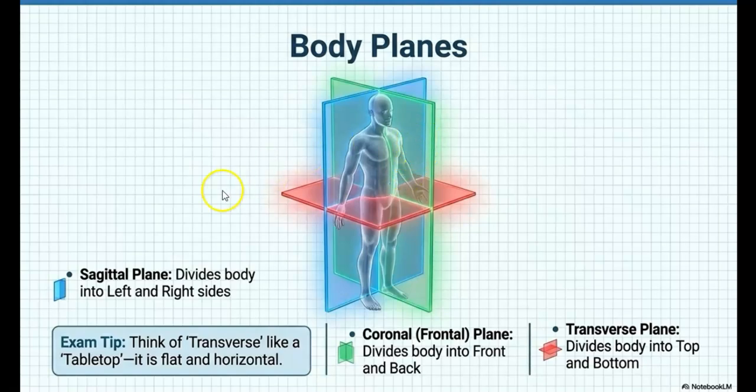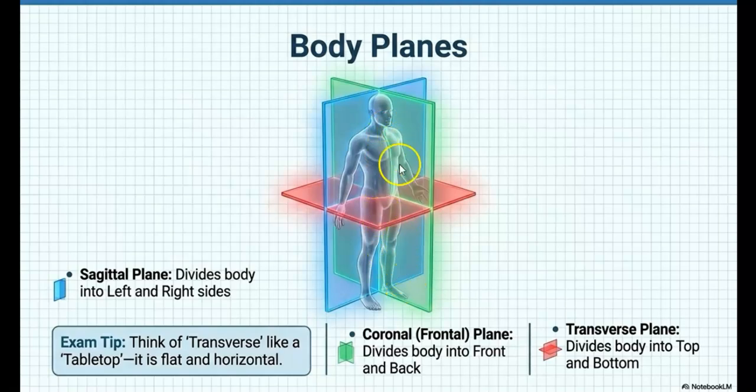The first plane is the sagittal plane. The sagittal plane divides the body into right and left parts. The color mentioned here is wrong; sagittal is the green one. It divides the body into left and right parts.